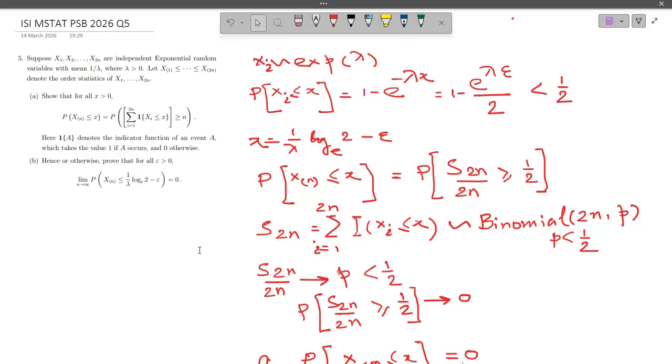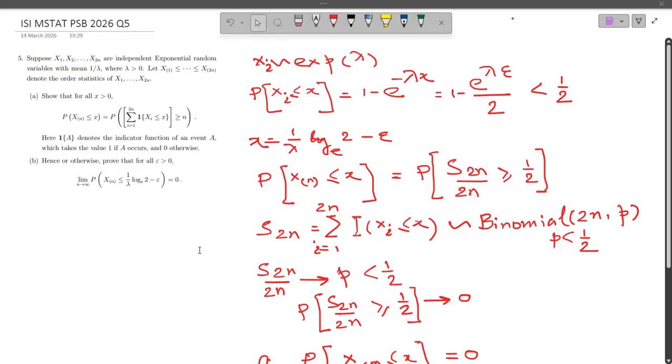Now to prove the limit as n goes to infinity of the probability that the nth order statistic is ≤ (1/lambda) log_e 2 minus epsilon: I have taken x to be (1/lambda) log_e 2 minus epsilon, and the sample median converges to the population median, which is (1/lambda) log_e 2. For X(n) ≤ x, I have gone to the indicator variables, the indicator of Xi ≤ x, which is Bernoulli(p), and the summation is binomial(2n, p).